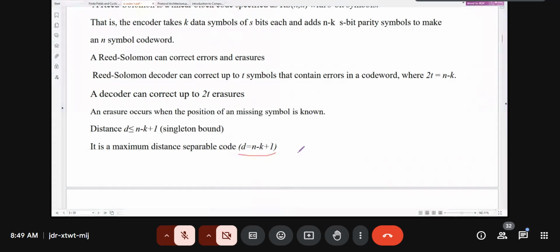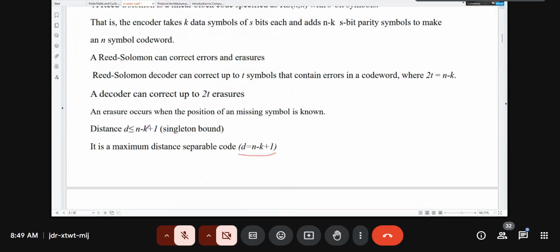So with Reed-Solomon codes you can get MDS, maximum distance separable codes. That just refers to this Singleton bound. I think this is a fellow who was called Singleton.